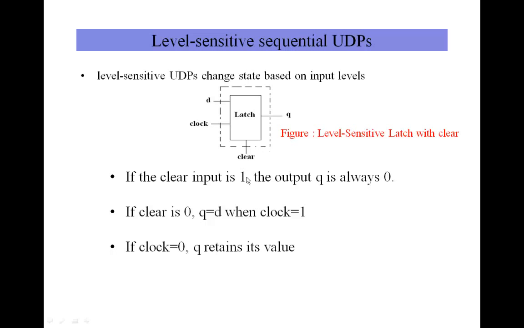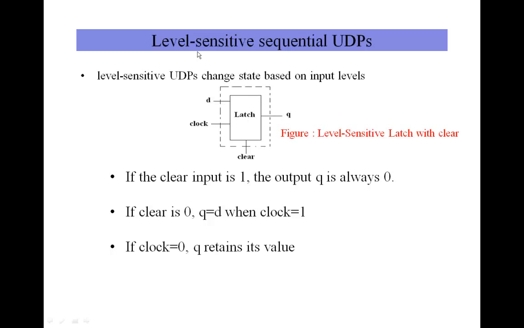If clear is 0, when clock is 1, as long as clock is 1, Q will be assigned with D, because it's a latch. If clock is 0 and clear is 0, then Q retains its previous value, whatever it was. So this is the behavior of this sequential UDP.